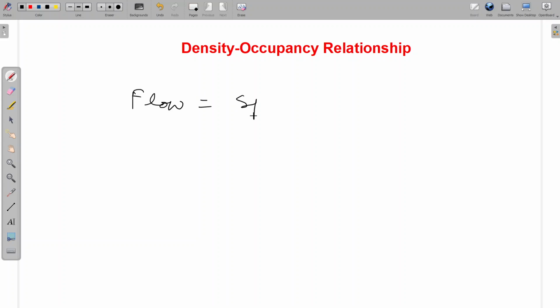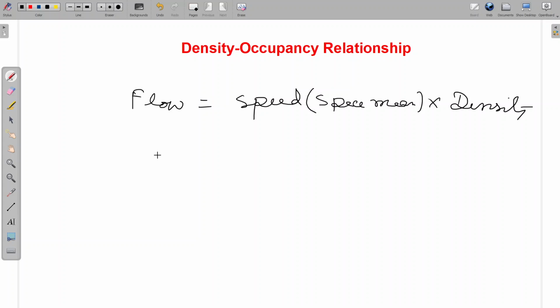flow is equal to density into space mean speed.